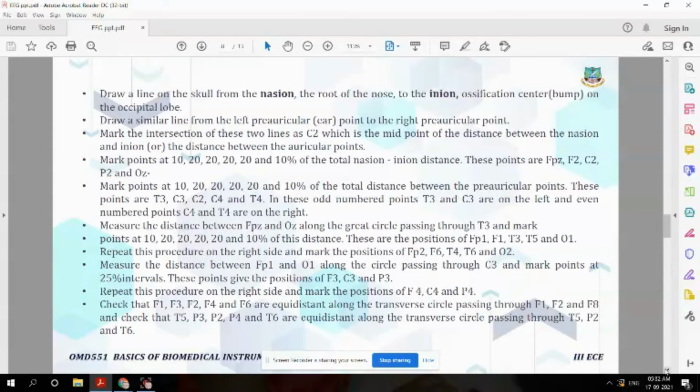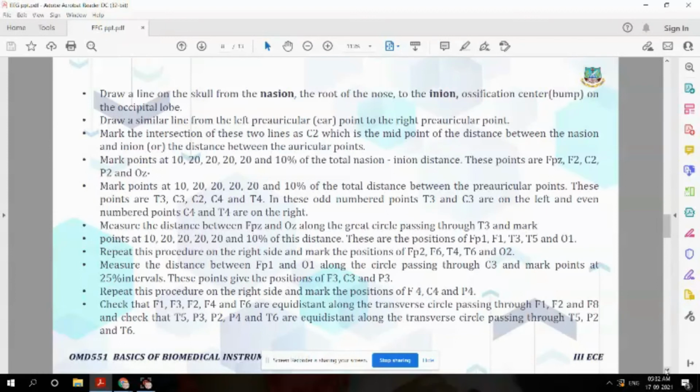So this is the first step, draw a line from Nasion to Inion, and the next step we draw a line from the left ear to the right ear. Based on the two lines, we get a center point.